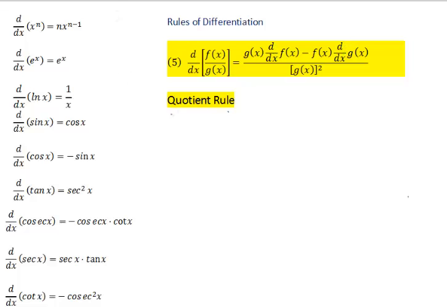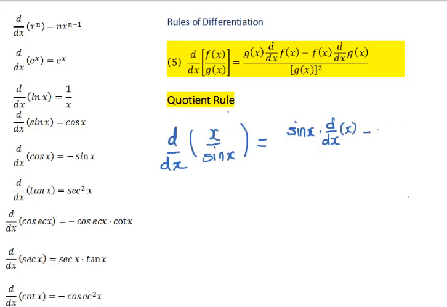For example, suppose we are differentiating a function given by x by sin x. Following this quotient rule, we can apply here. You take the denominator up, then it will be sin x multiplied by the differentiation of numerator, d by dx of x, minus x into differentiation of denominator, and the last step is you have to divide the entire term by the denominator's square.